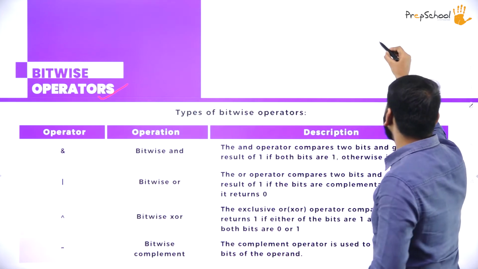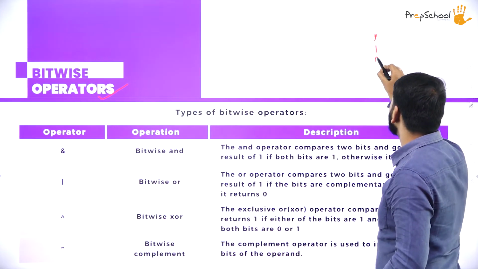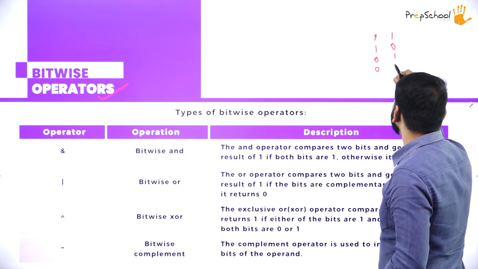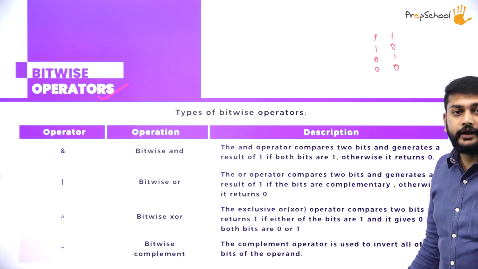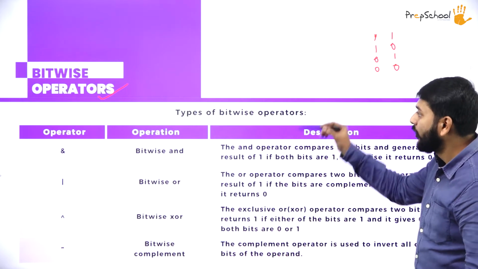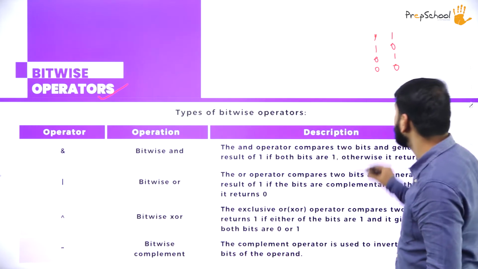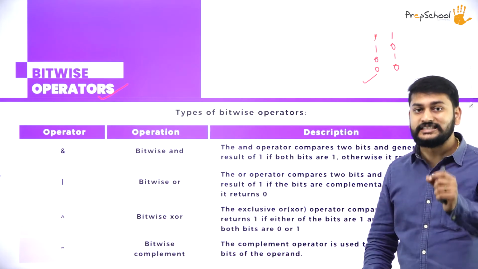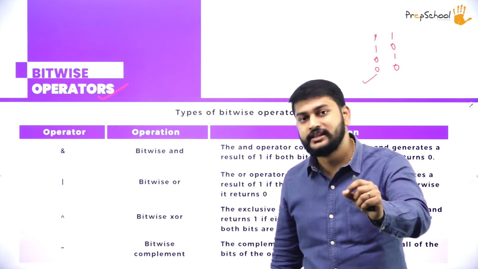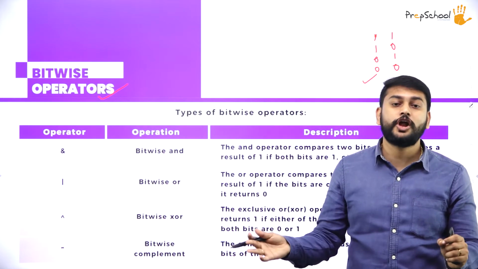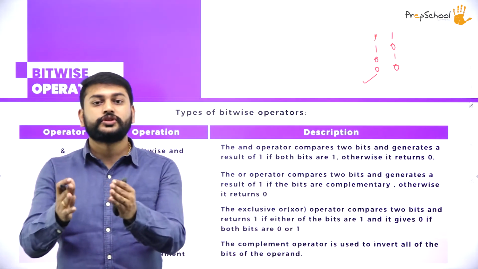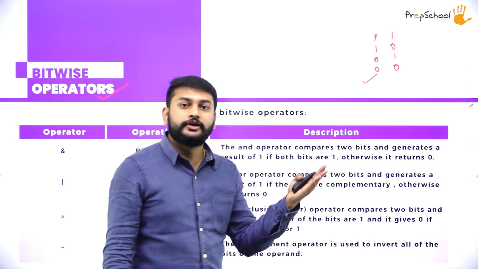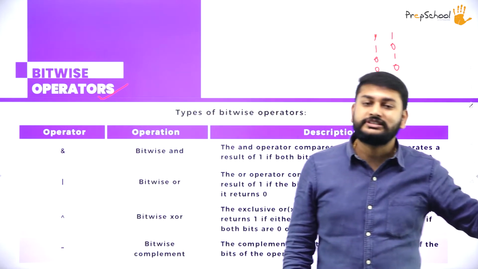I could have taken 1 1 0 0 1 0 1 0 in the previous example, but I did not, because bitwise always deals with bits, that is zeros and ones. The logical operator always deals with true and false, so that is why I took true and false in the previous slide.